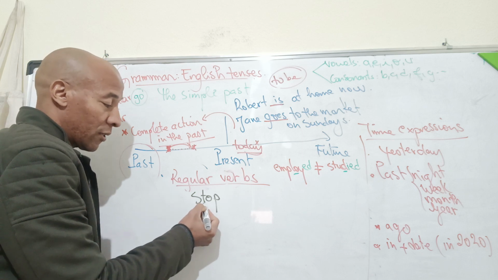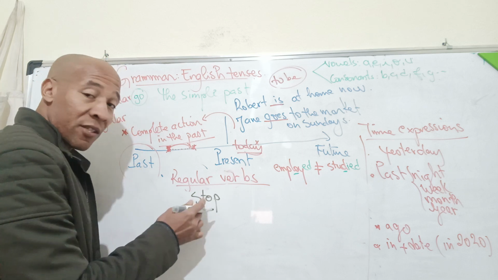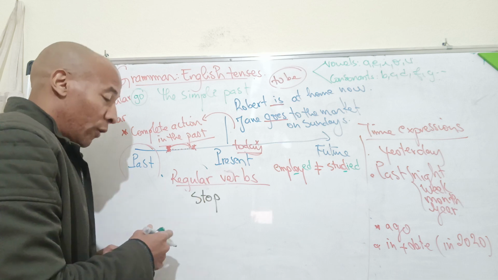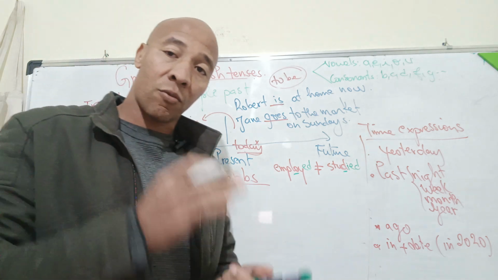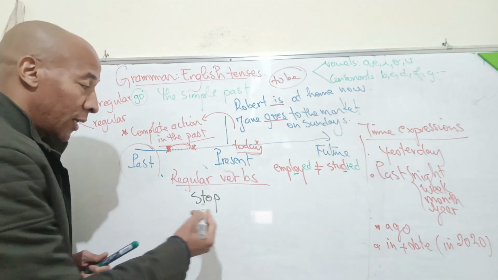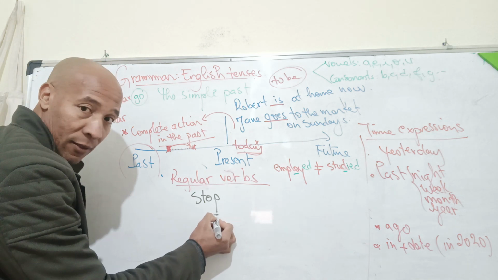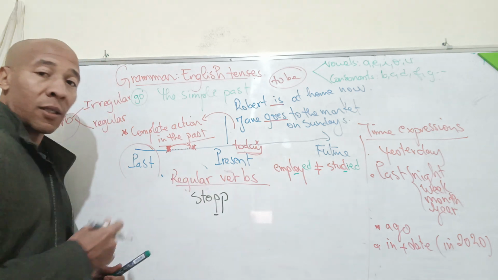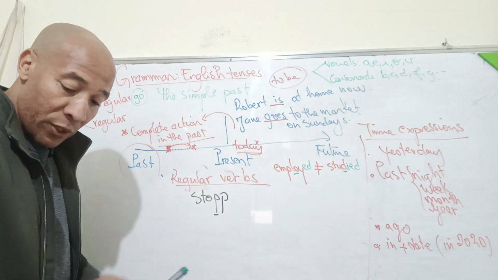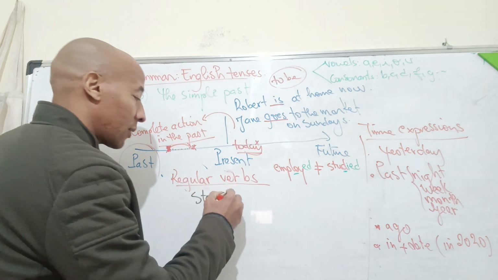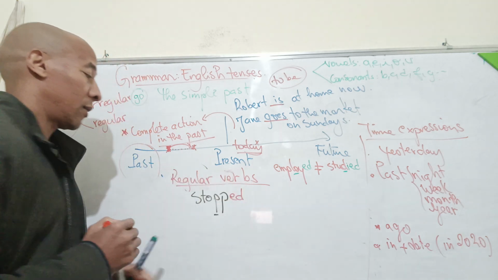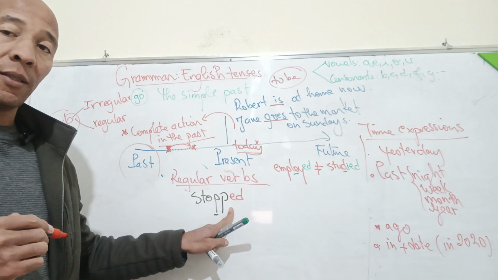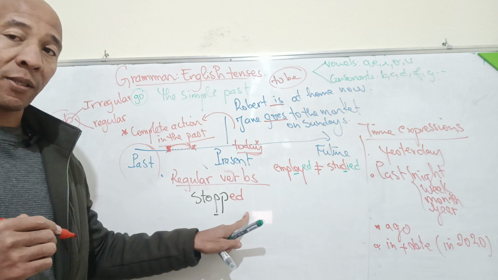So we have the syllable stop, a stressed syllable. Whenever a syllable is stressed, then we double the consonant. So we add another consonant, and then we add ed: stopped.